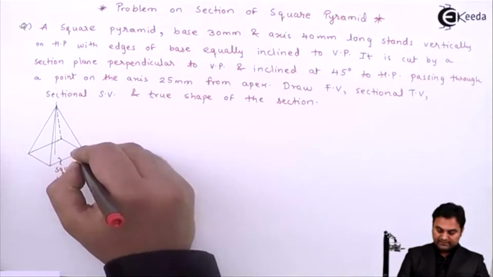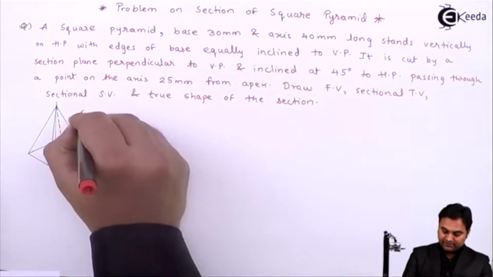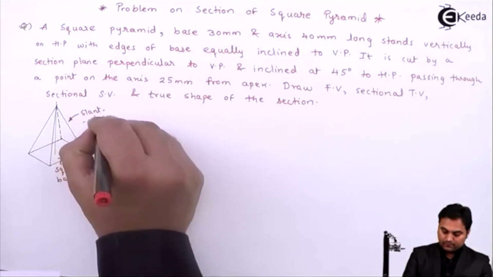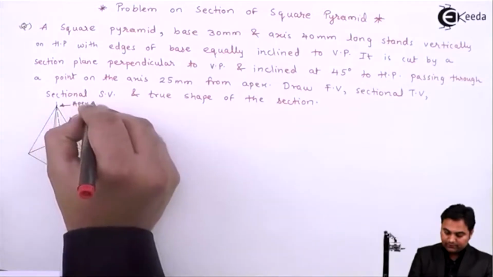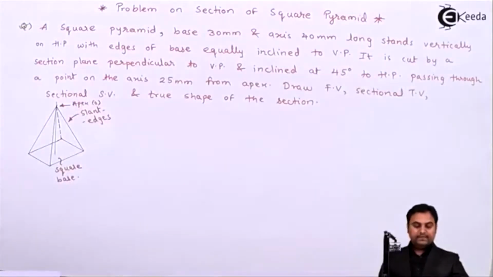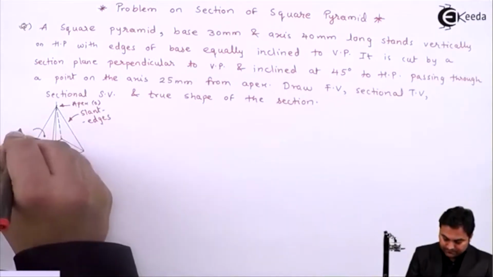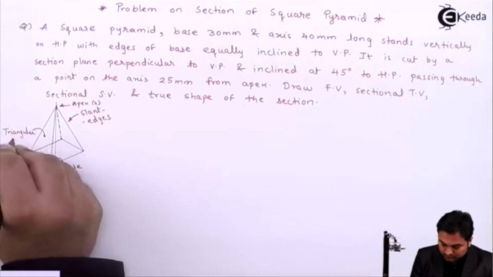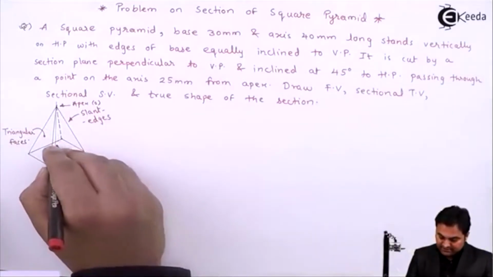Those four edges have four corners which are connected with the help of slant edges to a common vertex called as apex point O. And then since it is a square pyramid, it has four triangular faces. So these are the triangular faces. And here this is the axis.